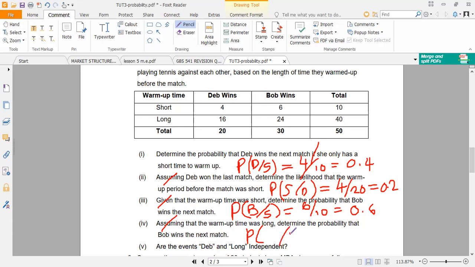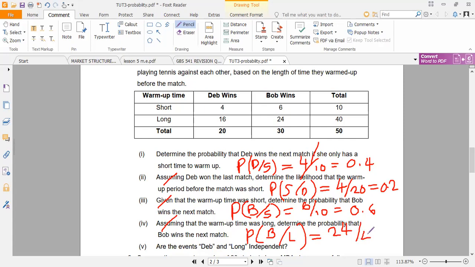Slash L. What do we put on top? B and L, 24, over 40.